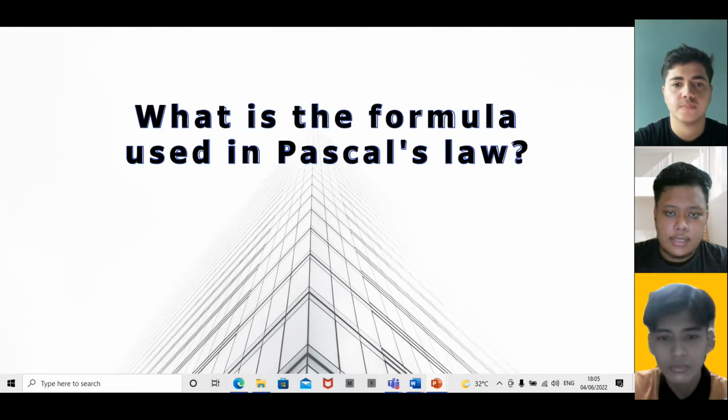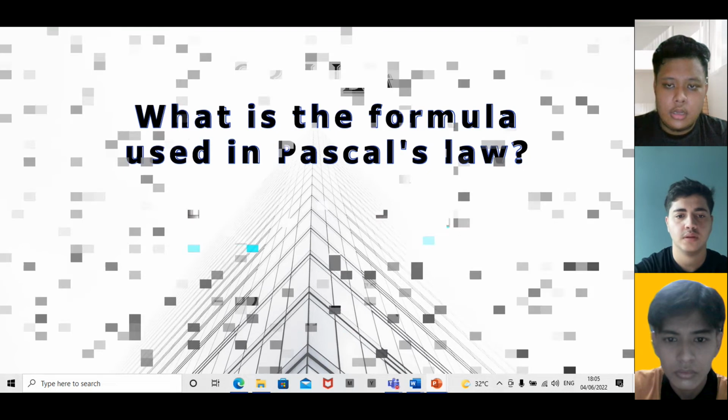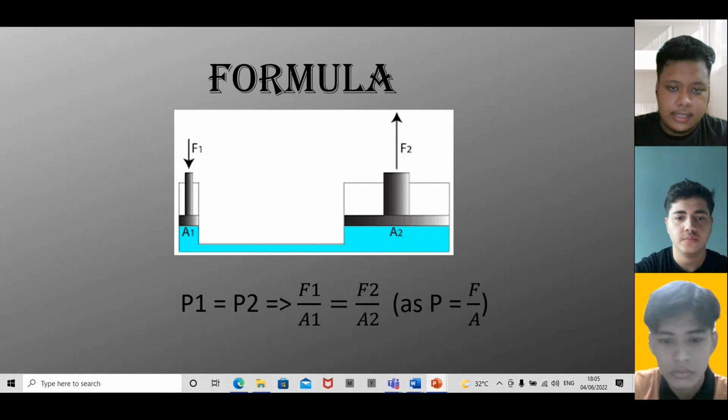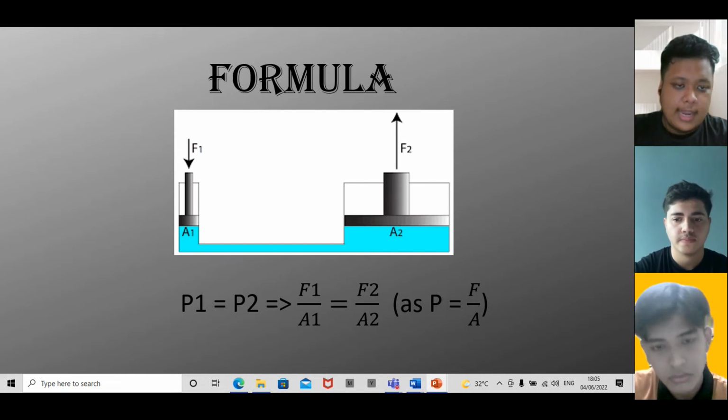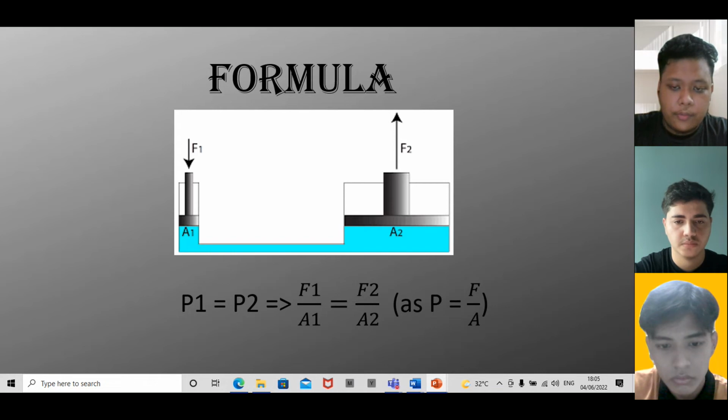All right, so what is the formula for Pascal's law? So as you can see here, we have an enclosed system of incompressible liquids. So we let the smaller piston be piston A, and the bigger piston will be piston B. We know the pressure on piston A is bigger than the piston B. So pressure equals force over area, cross-sectional area, to be precise.